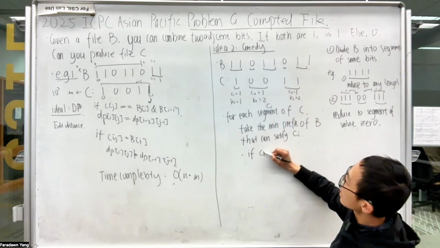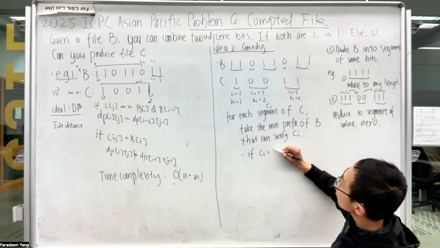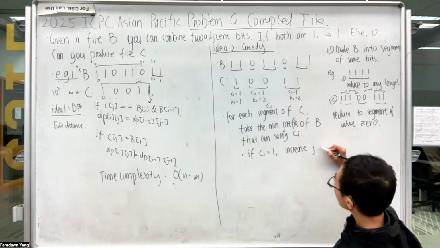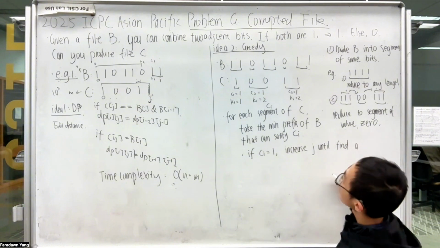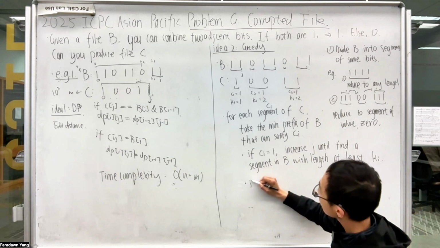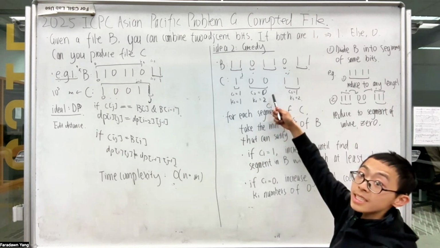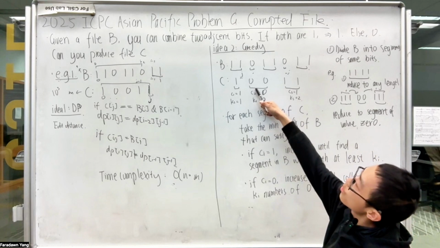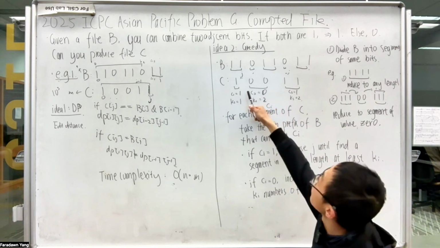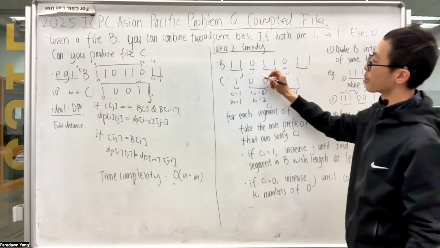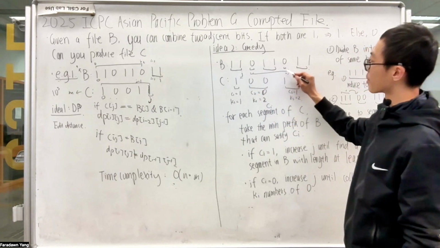If the Ci segment has a value of 1, we increase the index j in B until we find a segment of length at least ki. And if Ci is 0, for this example, because segment 2 has 2 zeros, we will increase j until we find 2 zeros. So we will combine this entire segment.